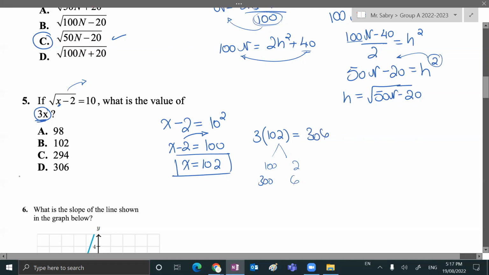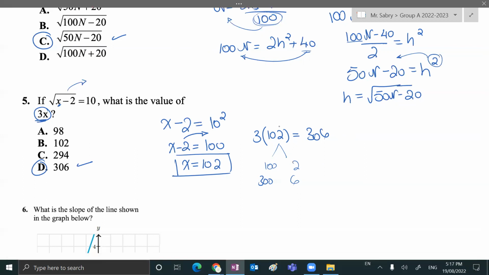That's the answer. 306. So the answer is D. طبعا this is a very easy example. That example or the same theory here works on any multiplication. Just try to split it to smaller numbers تكون انت بتعرف تحسبهم easier. Any questions in this one?